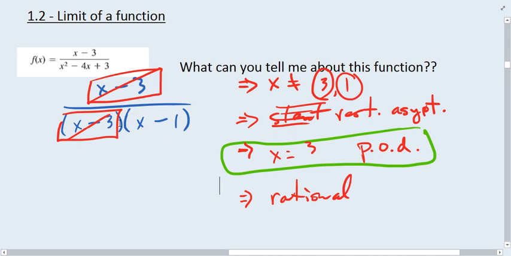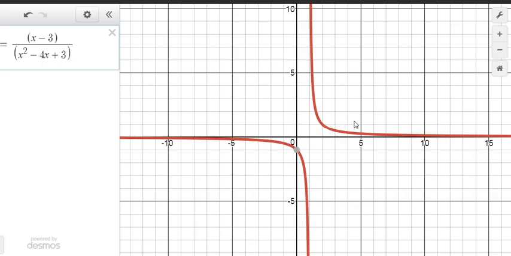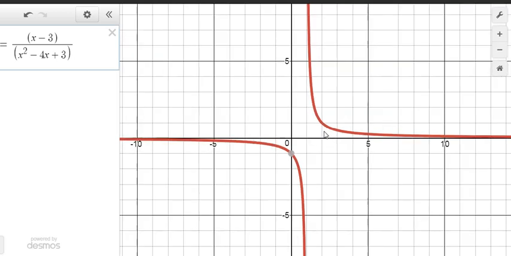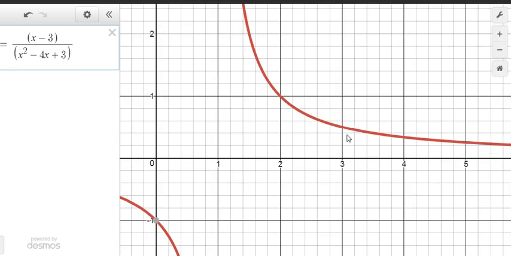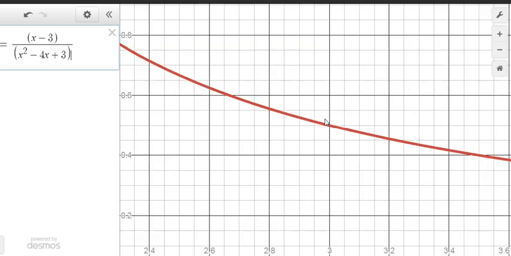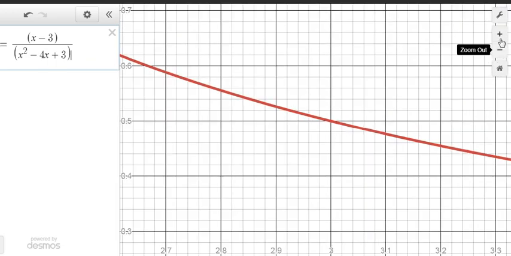If it's a restricted value in the denominator but does get divided out, that means it's a point of discontinuity. Now in this graph, it appears that x equals 3 is right there. It appears we don't have a problem here. It looks like there's not a discontinuity.